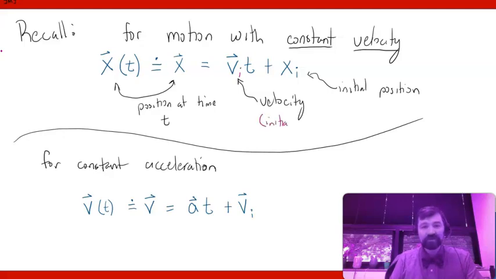But when this thing has been moving with constant velocity, the initial velocity is the velocity at any later time. If you have a constant acceleration, then the initial velocity is not going to be the velocity at some time later. So these two are different situations.